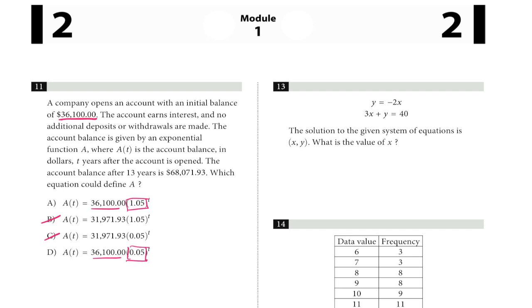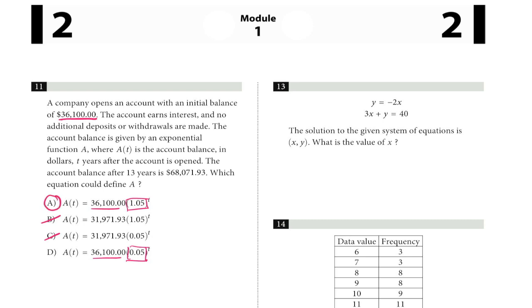Because in order for the number to get bigger when we keep multiplying, the only time we multiply and numbers get bigger is if the number is bigger than 1. If the number is less than 1, we're going to get smaller. So I can see here that as time goes on, my number should get bigger, so I should be multiplying by a bigger and bigger amount. So I know that the answer should be A.